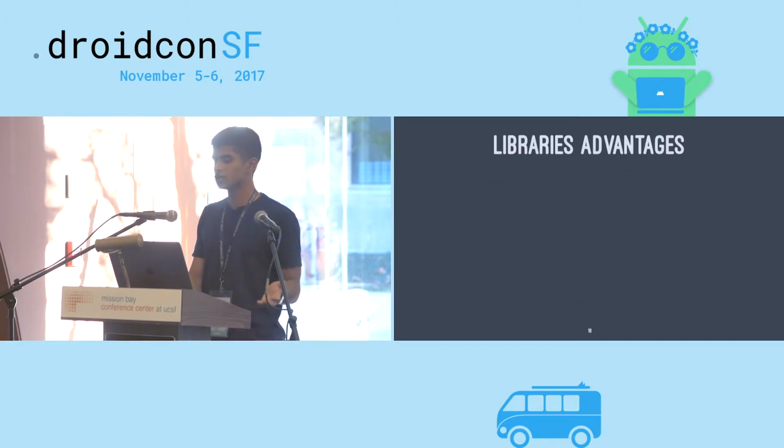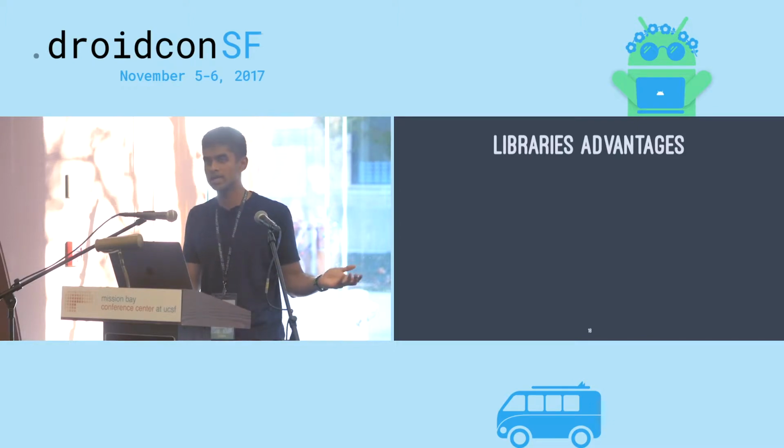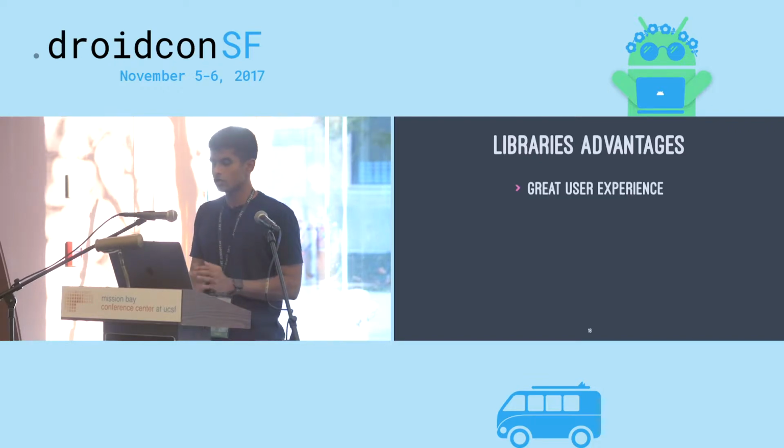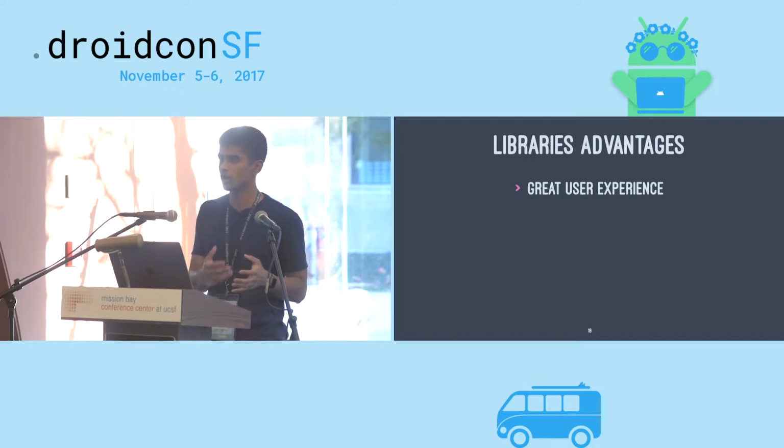So what are the advantages of using libraries? This was just one example of a library, and I personally like it, but the other two are constantly maintained. So you can use either one of them. So the first, it's a great user experience because you can build it into your app. You can basically drop the XML anywhere you want with any dimensions.